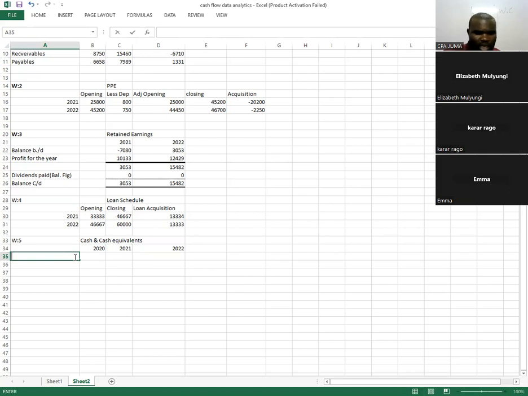So there is cash. So check under current assets. Check your current assets, please. Under current assets, we are seeing cash and cash equivalents.